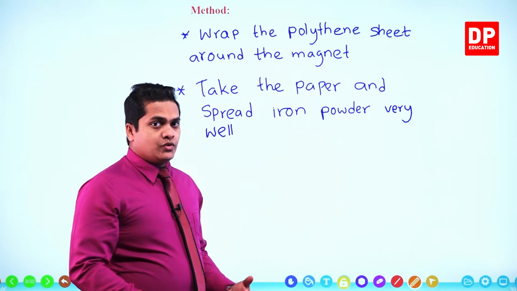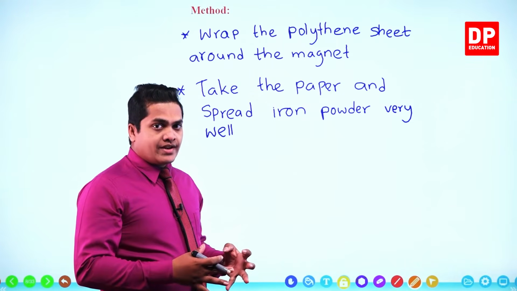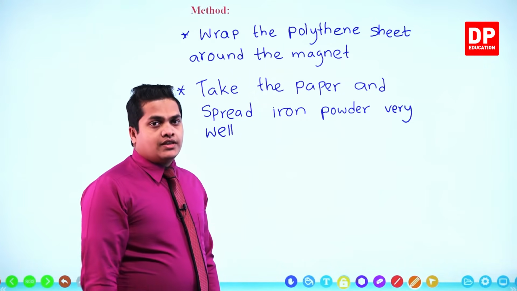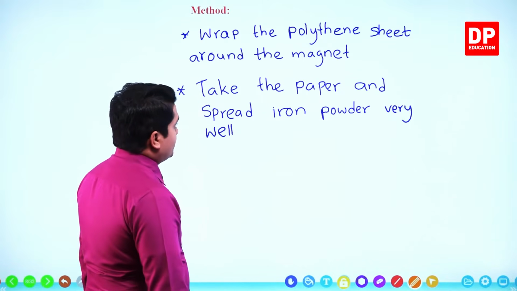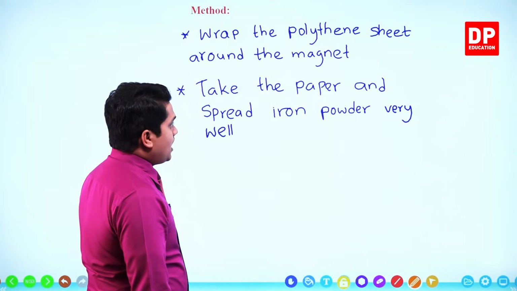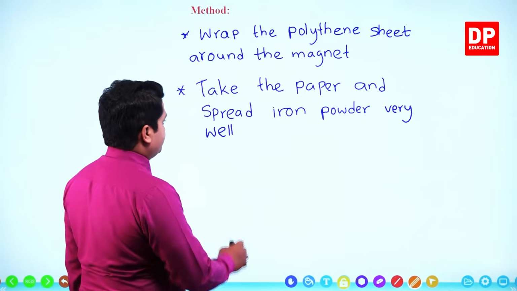I told you that we can use a white colour paper, most often an A4 sheet. So take the paper and spread iron powder very well.